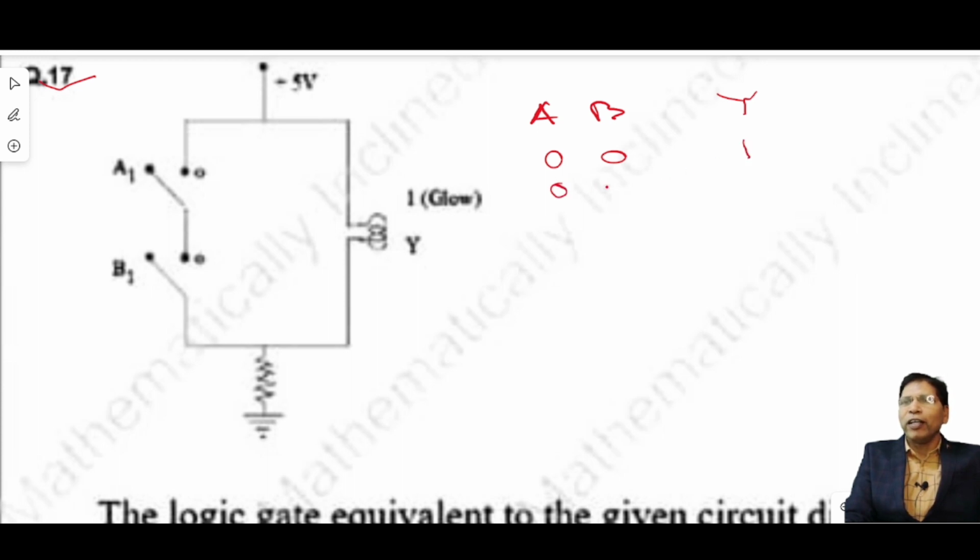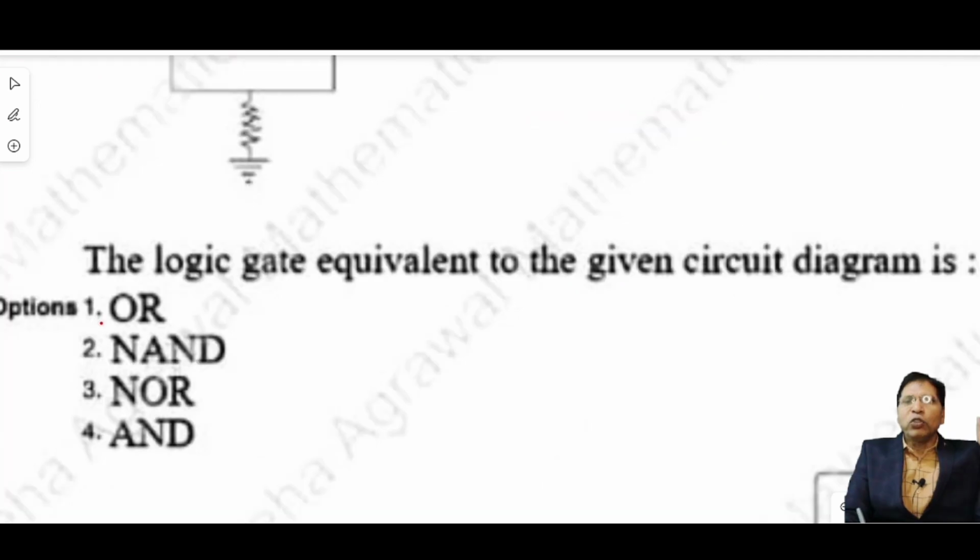A off, B on, bulb on. A on, B off, bulb on. A on, B on, then the bulb is off because the current flows in this direction. Therefore, this is the output of a NAND gate. So option 2 is correct.